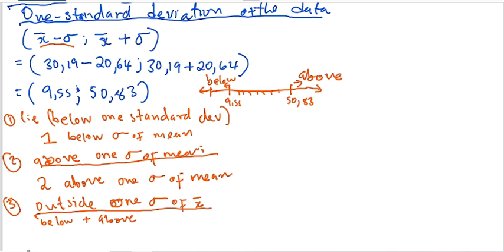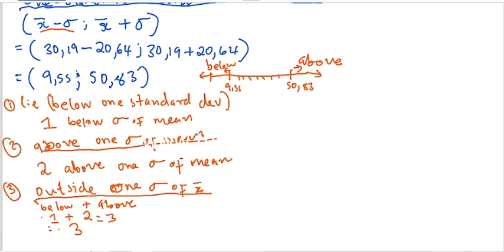So below is 1 plus above is 2, so 3. Therefore, there are 3 data values outside one standard deviation of the mean. That's when they're saying outside.